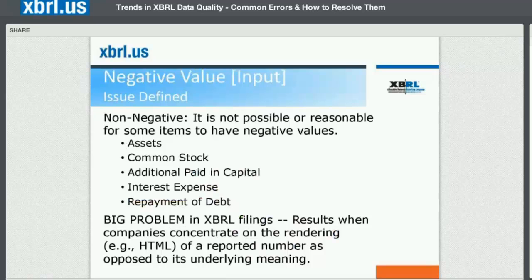Another highly prevalent issue, and this is definitely affecting the newer filers in the third phase more than those in the first two phases, is negative values. Truly, about 90% of all elements in the taxonomy expect a positive, absolute input, not debit, but absolute positive. The reason is that it's just like your accounting systems or a T account.